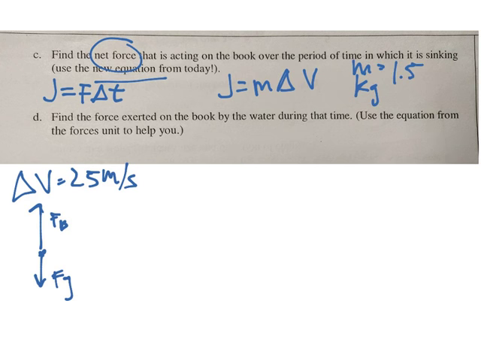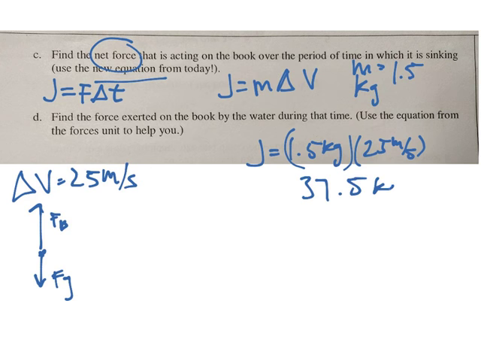So we know the mass of the book, we know the change of velocity of the book, so we can find the impulse. So J is equal to 1.5 kilograms times our delta V, which is 25 meters per second. Multiply it, and you get 37.5 kilograms meters per second.